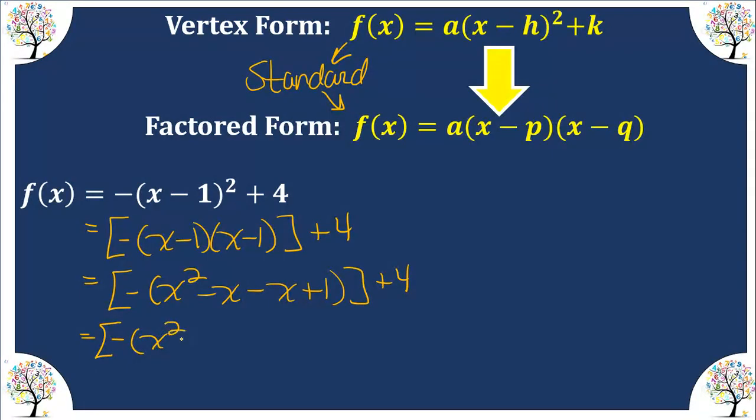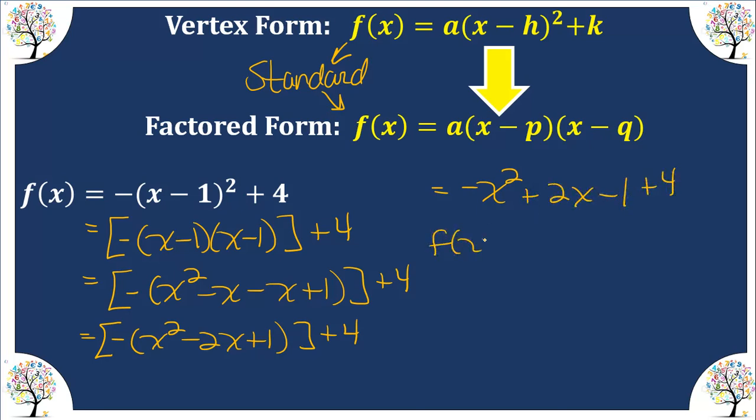Combine. And distribute the negative. And bring in the 4. So standard form looks like -x squared plus 2x, and then we have plus 3.